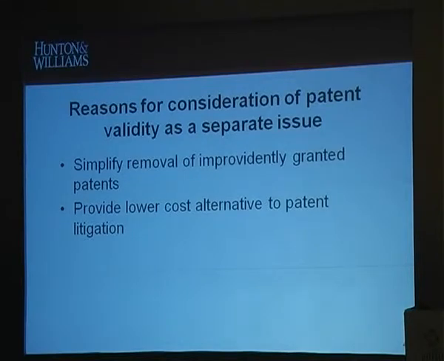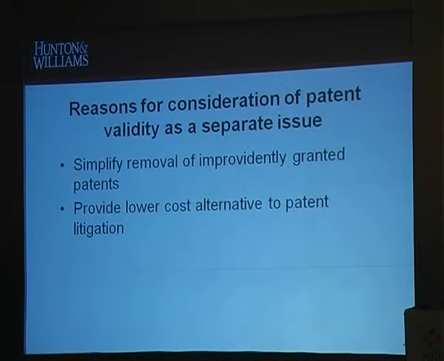Some of these procedures were added as a way to simplify getting these invalid patents off the books. Another major issue considered when the legislation was under discussion was to provide a lower cost alternative to patent litigation, if at all possible.